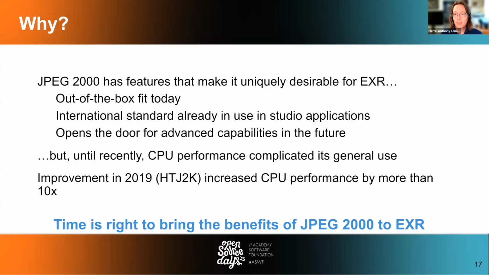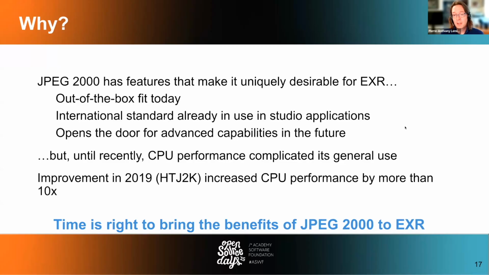And JPEG 2000 has some features that make it uniquely desirable for EXR. One of them is that it supports all the features that EXR exposes, and there are many of them. It's also an international standard that's already in use throughout Hollywood and studio applications. And because it's so flexible, it opens the door for advanced capabilities in the future. So we'll go over all those three points one by one.